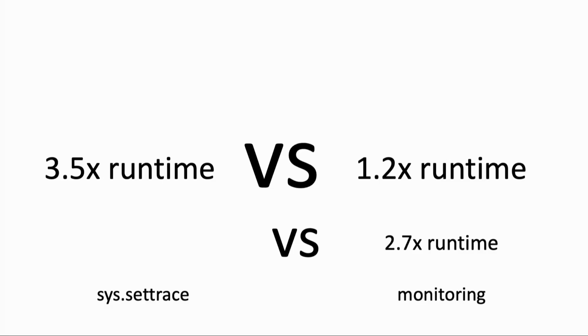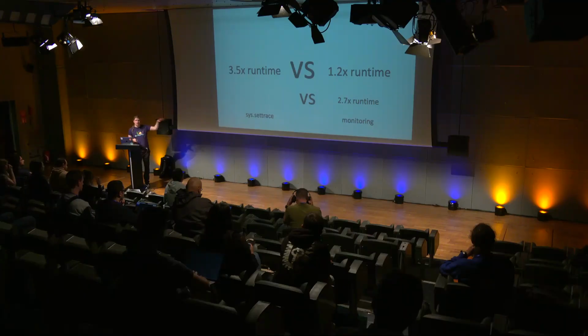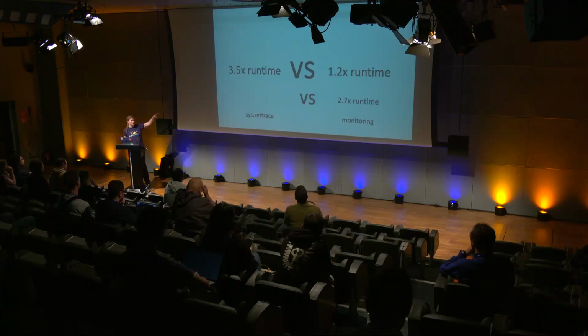And then with the monitoring API, the basic one is just 20% slower, which is nice. And even when we're enabling all line events, it's still faster, so it's substantial. So we're essentially going in reality from 3.5 times the runtime to only 20% slower, which is pretty nice.